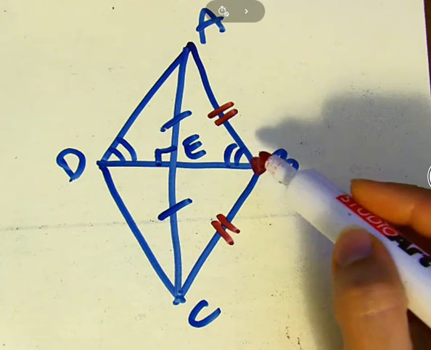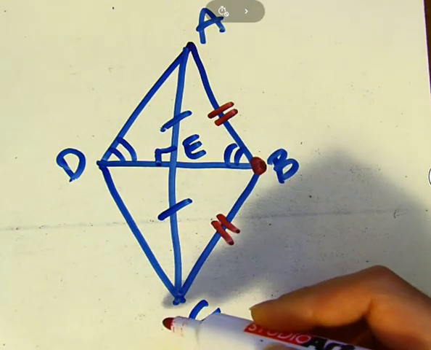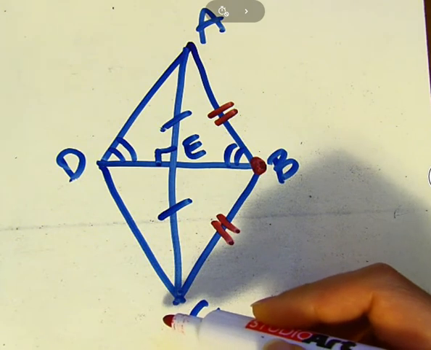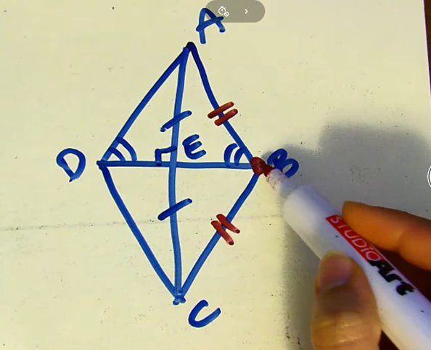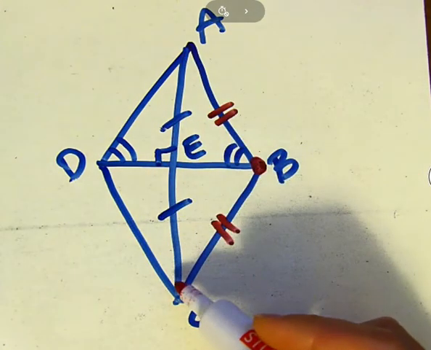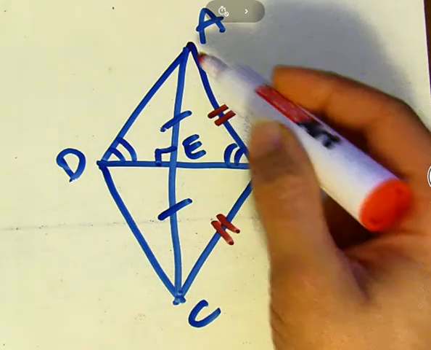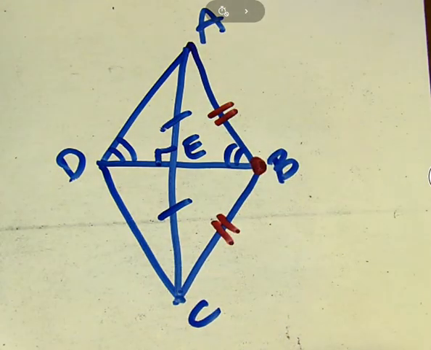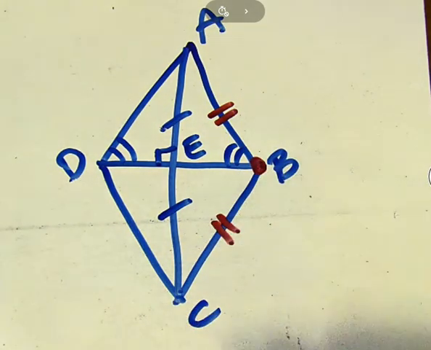We know that AB is congruent to BC because of the perpendicular bisector converse theorem, which says if a point lies on the perpendicular bisector of a line segment, that point must be equidistant to both endpoints of that segment being bisected, which is AC, therefore making AB congruent to BC.